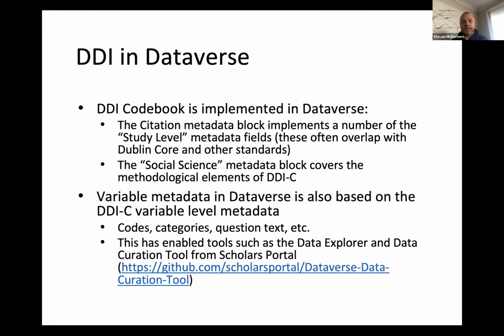All the variable metadata in Dataverse describing codes, concepts, categories, etc., are also based around the DDI Codebook standard. This is one of the things that's enabled tools such as the Scholars Portal Data Curation Tool and Data Explorer to exist. A number of you will be familiar with those, but for those who aren't, I just wanted to introduce them.